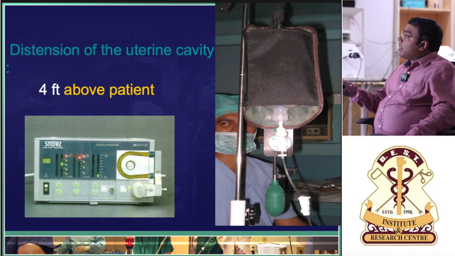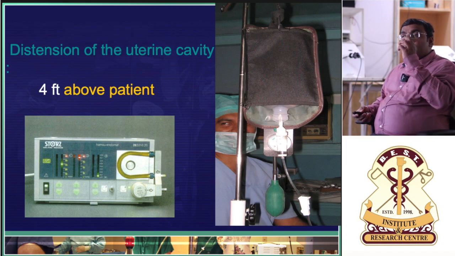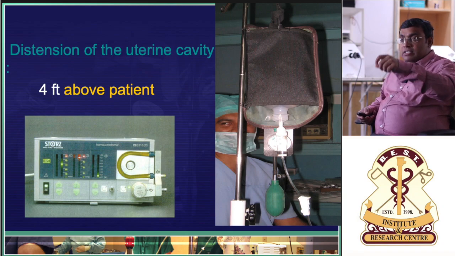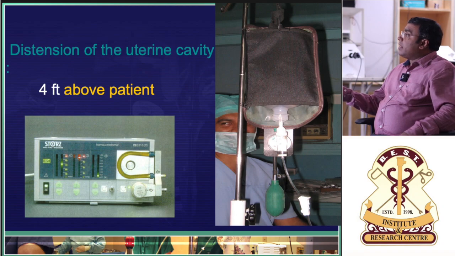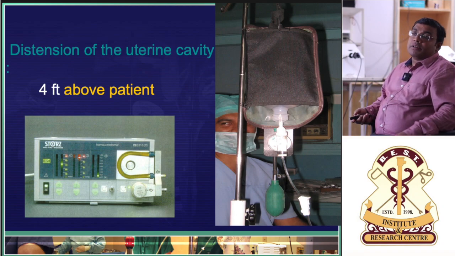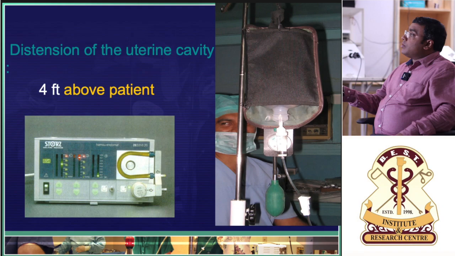Fluid will come in, a set pressure will be achieved, and at whatever flow rate we have set, at that flow rate and pressure the fluid comes out from here. This is for the pressure, this is for the flow rate.